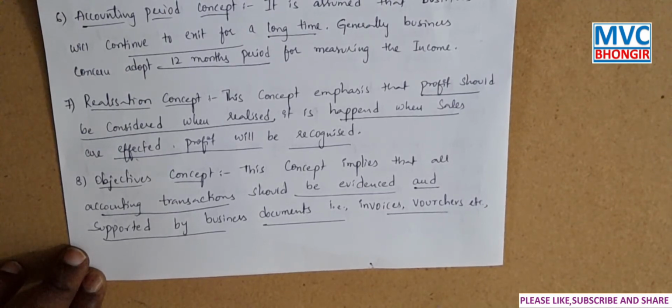In other words, there is no place for fictitious transactions, which we should remember while writing the accounting entries. The supporting evidence should be objective, capable of verification by the auditor.